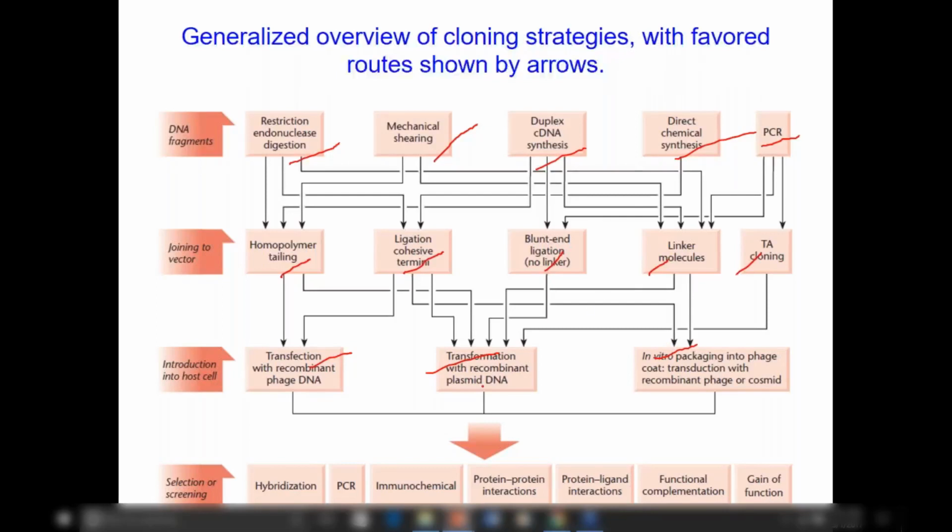So once you have done that, the selection of recombinant DNA can be done by hybridization method, PCR method, immunochemical, protein-protein interaction, protein-ligand interaction, functional complementation, or gain of function. So these are the different ways by which I can screen the cloned DNA sequence.